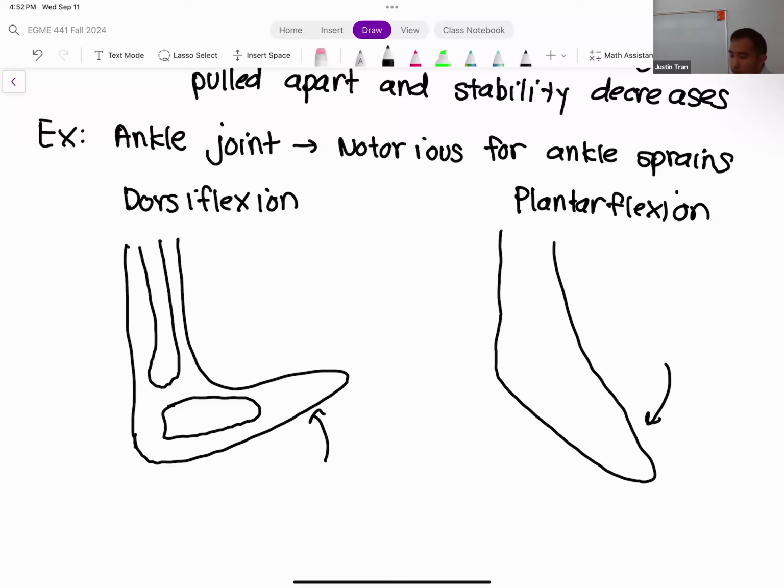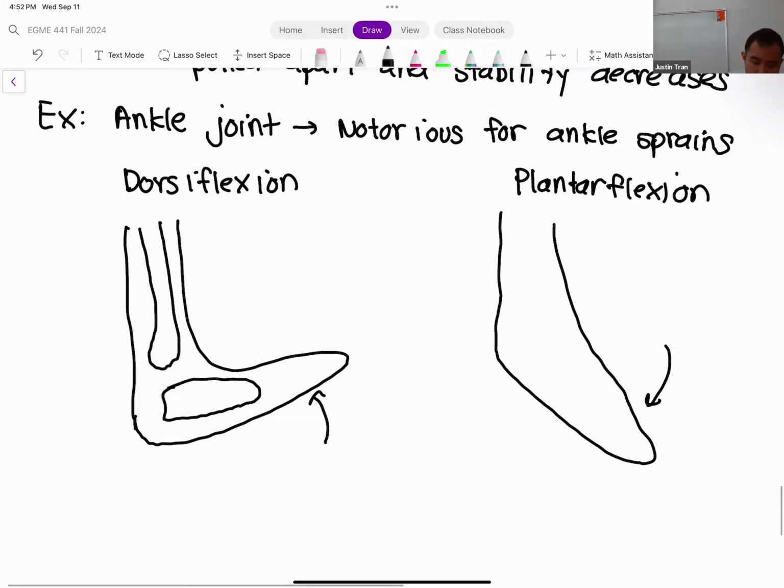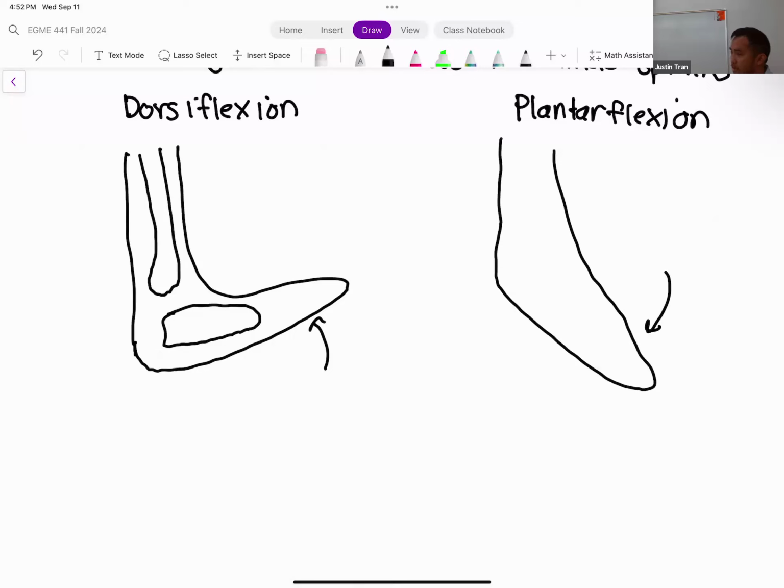In fact, someone actually measured this. They had people in X-rays point their toes up and point their toes down, and they measured the apparent contact area between the bones.